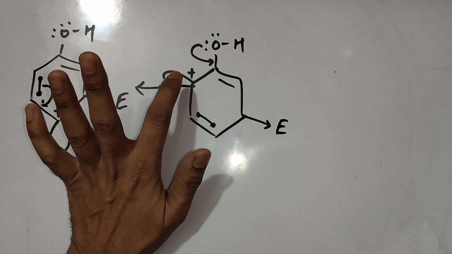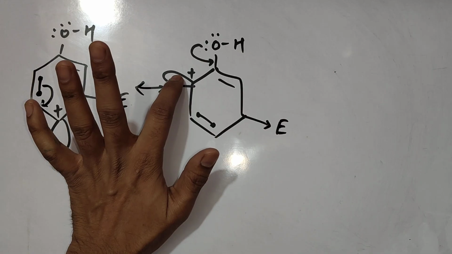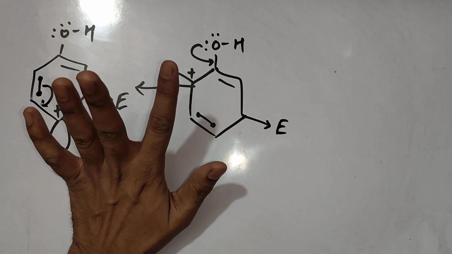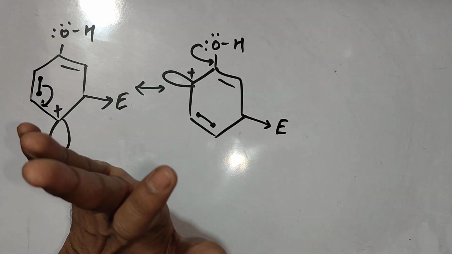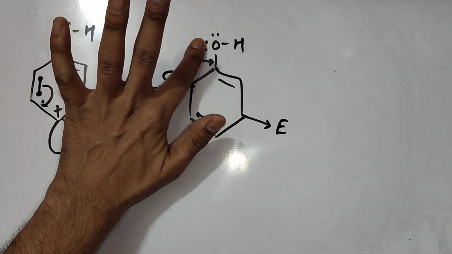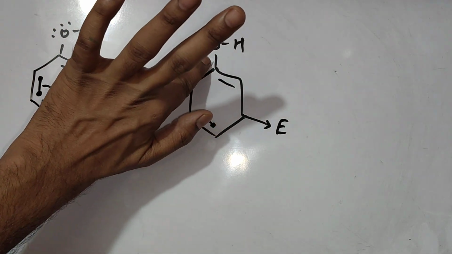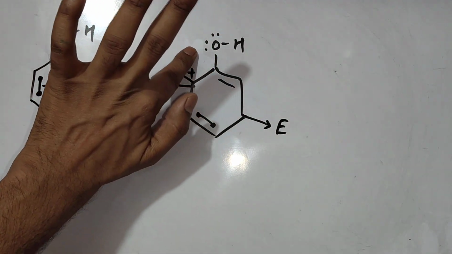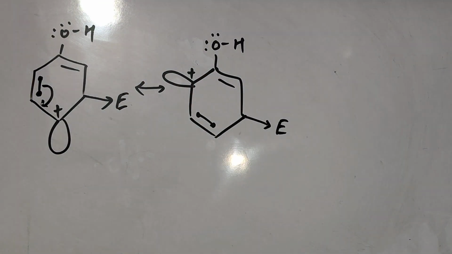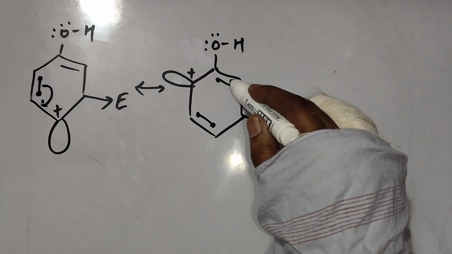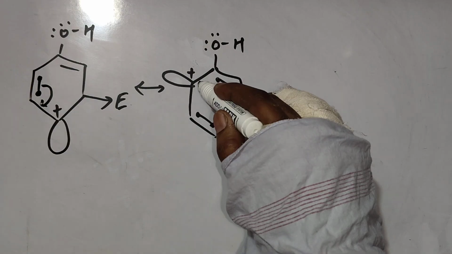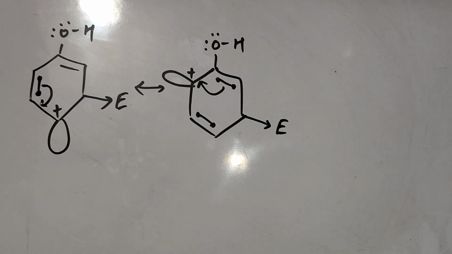So there will be no effect on this carbocation, meaning this carbocation cannot get stability from the oxygen side. So this movement is useless for us. What is the next movement? The possible movement is this, like this.